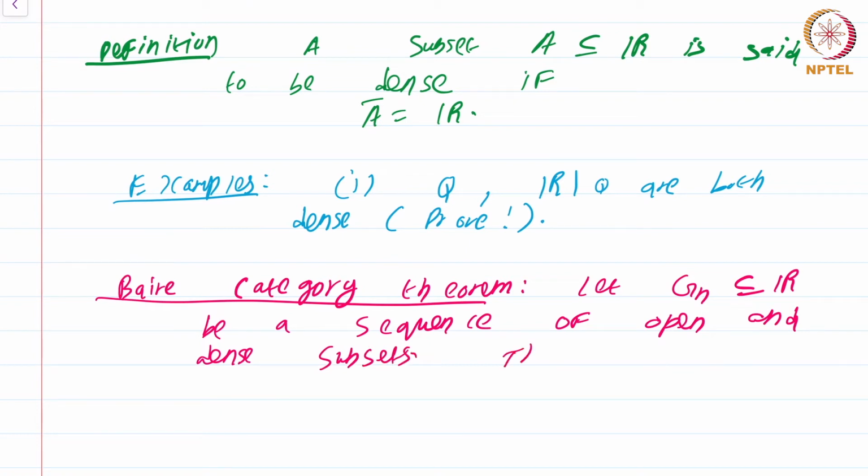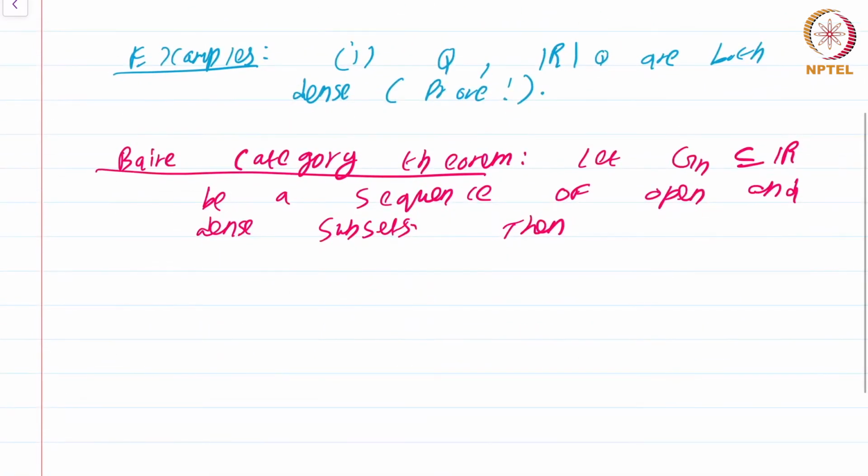Then G, defined to be equal to the intersection of Gn, is also dense. So if you take a bunch of open and dense subsets, then the intersection is also going to be dense.